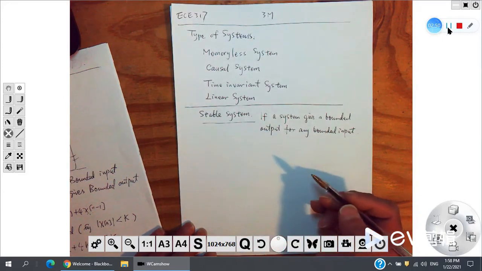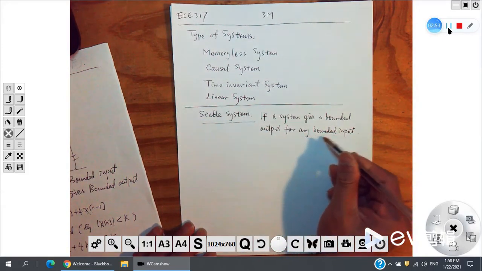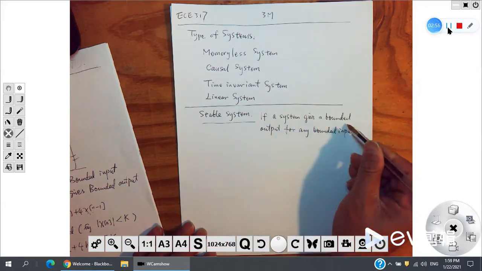What's the meaning? You give a bounded input, you will have a bounded output, right?